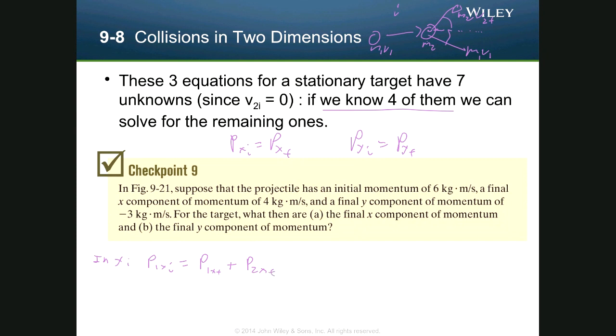And we can see from here that this implies P1X is 6, and that's going to equal 4 plus P2X final. So this implies that P2X final equals 2 kilogram meters per second.